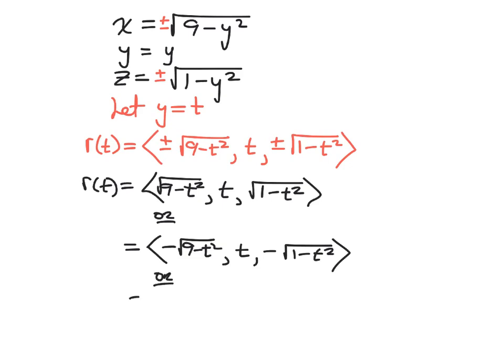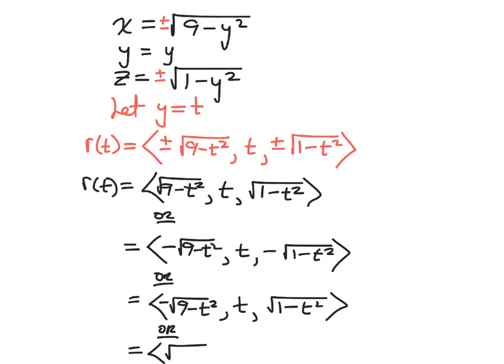Or maybe the first one's negative and the second one's positive. Or maybe it's the first one that's positive and the second one is negative. All right, so these are the 4 possibilities that emerge from this vector valued function.